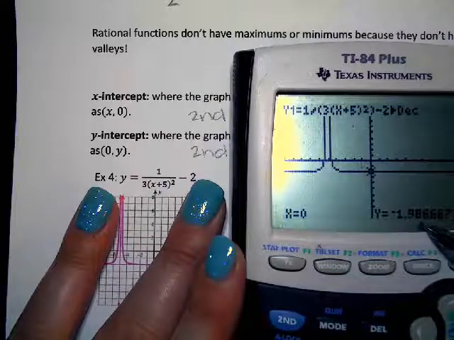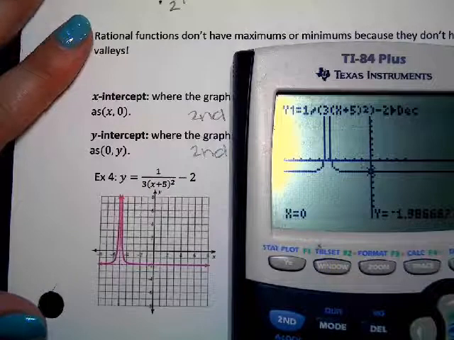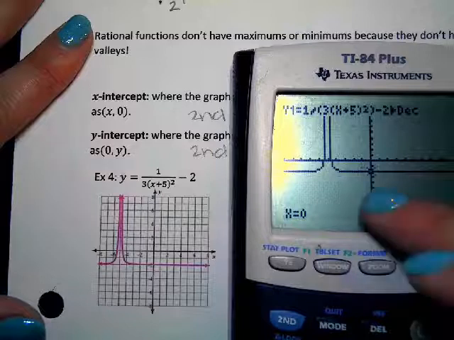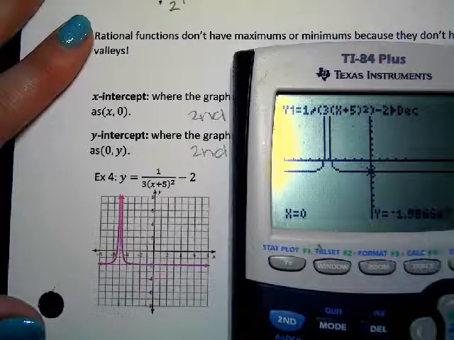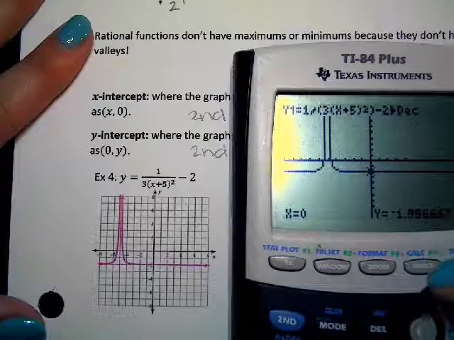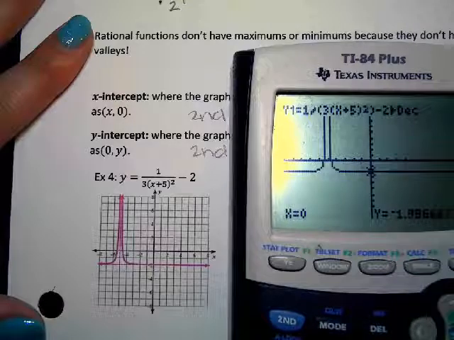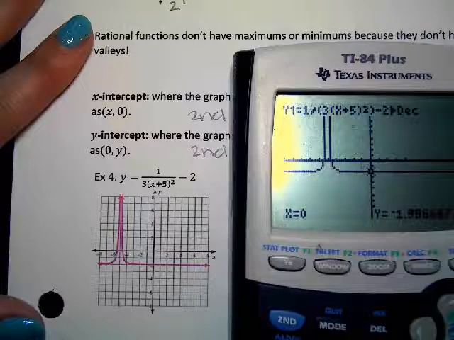Whenever I do that, it just takes me back to the home screen. It takes you back to just the regular screen. When you press trace, it takes you back to that screen? So press graph, and then press trace. Now it's working. Now press 0.